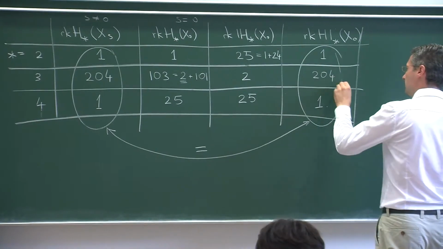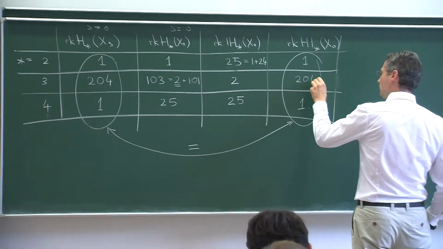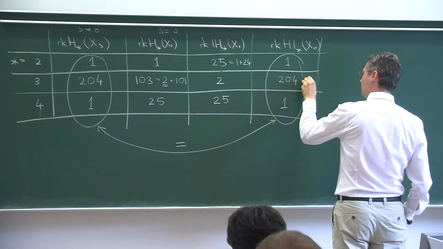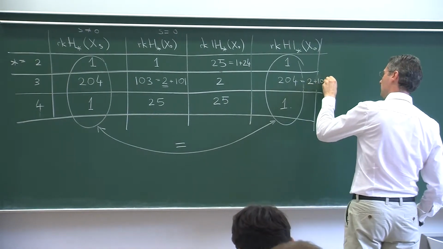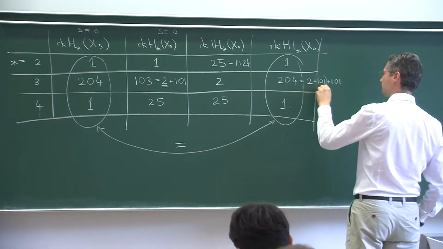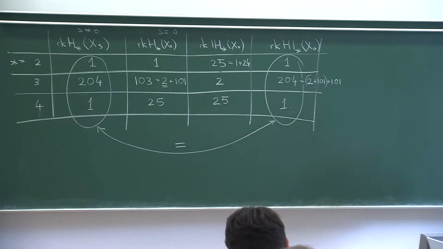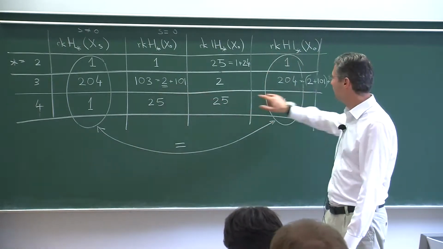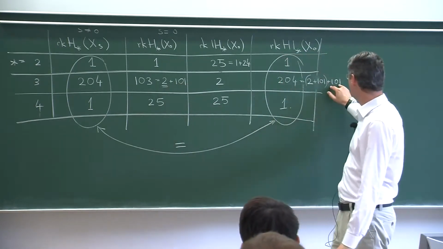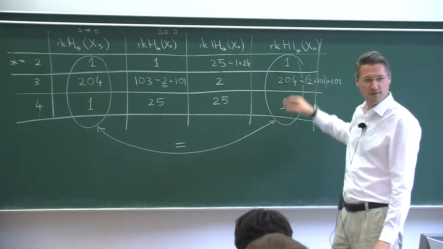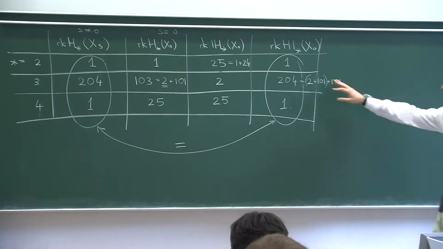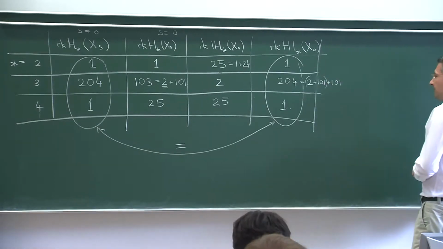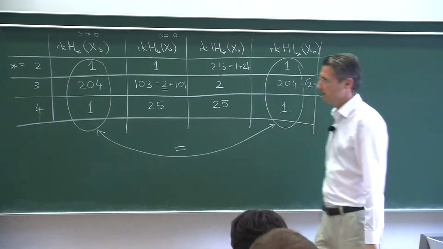And again here, it's good to think of this as 2 plus 101 plus 101. The 2 plus 101 you see over here already, and then another 101 are added here by this theory. But as I say, I'll return to this later. So this is what comes out in this example.